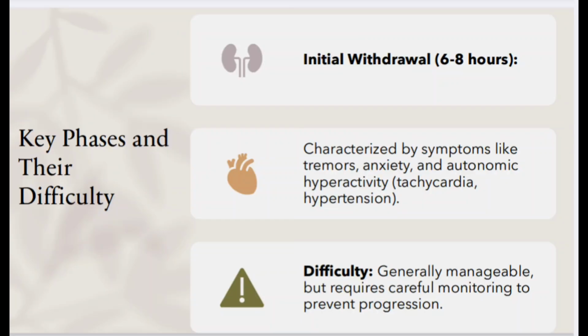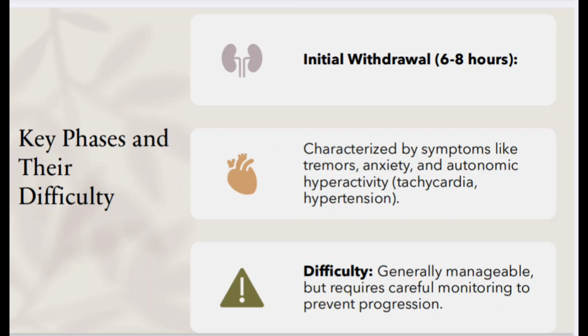Key phases and their difficulty. Initial withdrawal covers the period of 6 to 8 hours. It is characterized by symptoms like tremors, anxiety and autonomic hyperactivity, including tachycardia and hypertension.